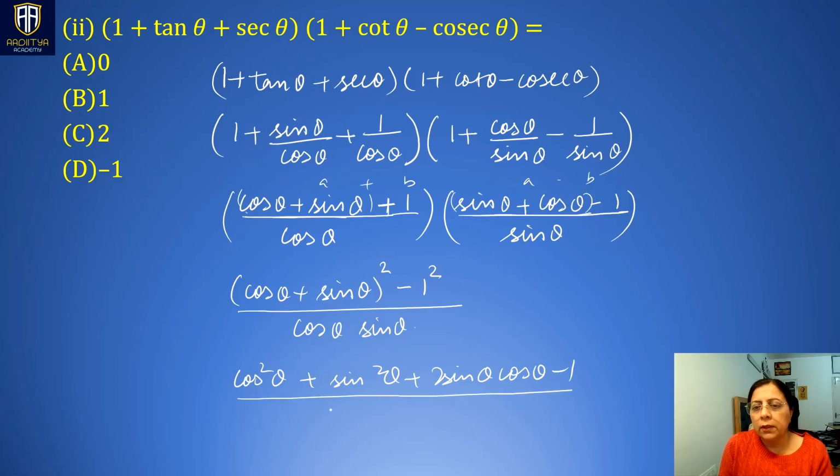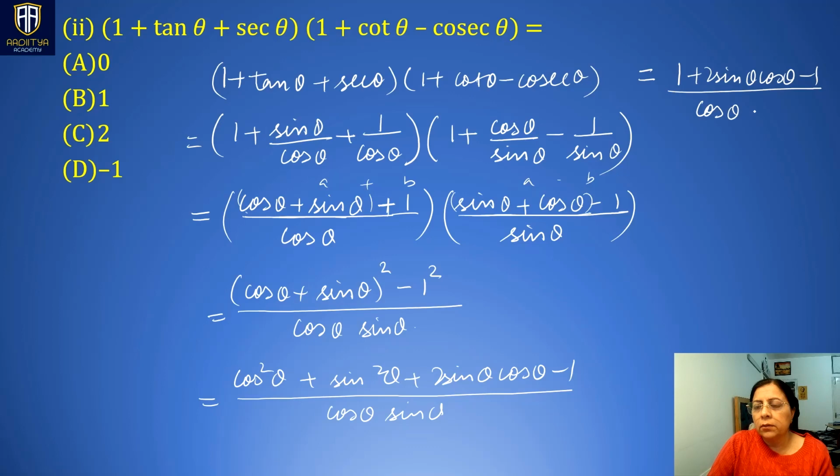In the denominator we have cos theta sin theta. So next what we can do is, here cos square theta plus sin square theta is 1. 1 plus 2 sin theta cos theta minus 1 upon cos theta sin theta.